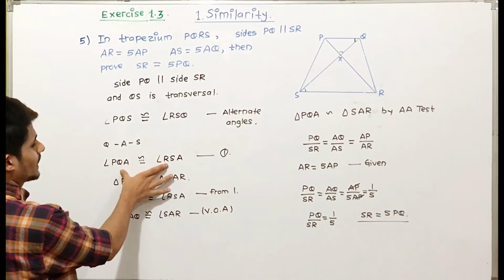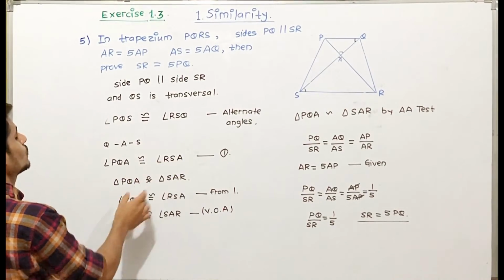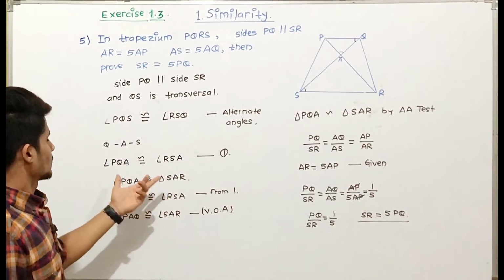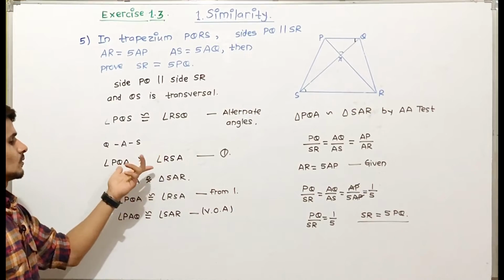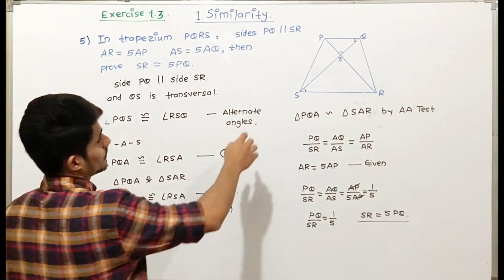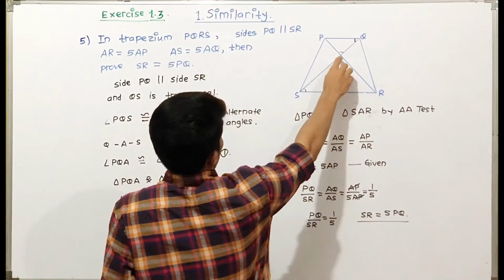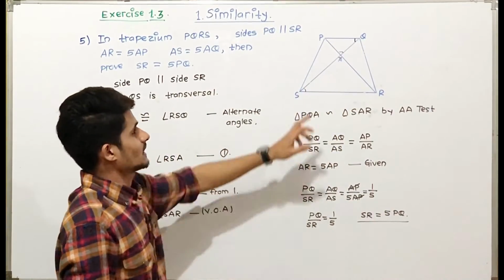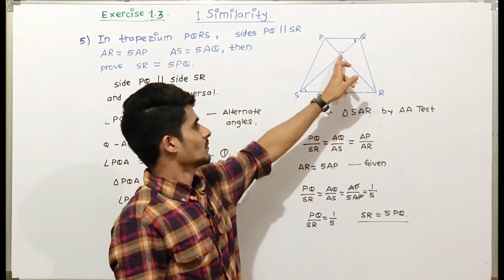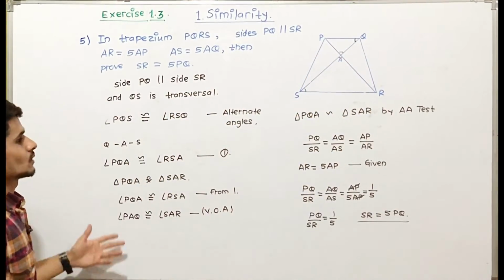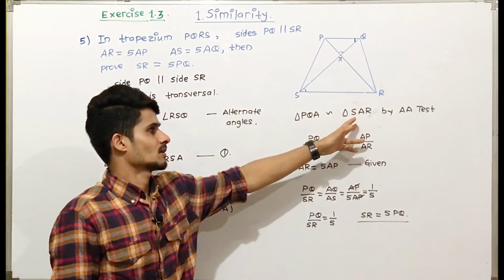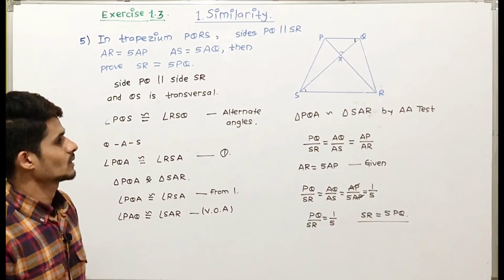So now we have angles congruent. We'll take two triangles PQA and SAR, in which we have one angle congruent from 1, and similarly we'll take another angle, vertically opposite angles, that is PAQ is congruent to SAR. So by AA test triangles will be similar.